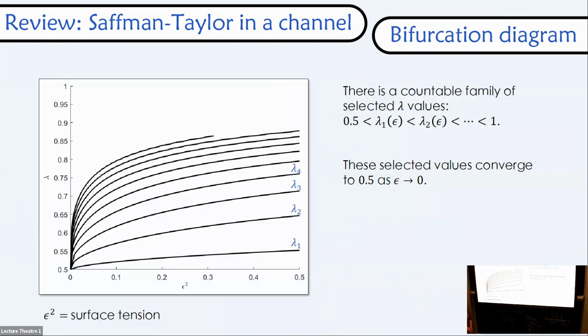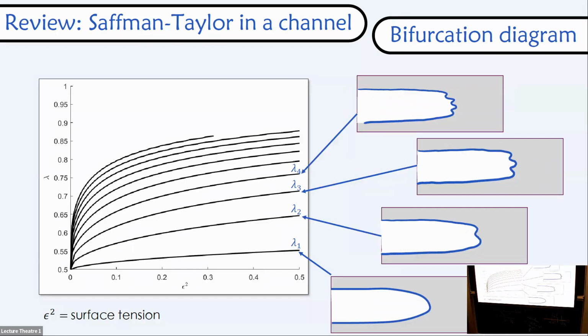The interesting thing to notice is that for each of these branches, as we continue towards the small surface tension limit, when epsilon squared is going to 0, lambda approaches 1/2 for all of these branches, and that was the value they were finding in the experiments. So all of this work that's led to producing this picture wraps up that problem and resolves the mystery from before, which was the discrepancy between the experiments and what we were seeing in the analysis.